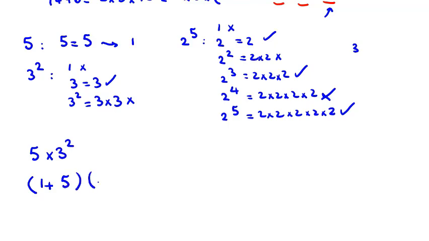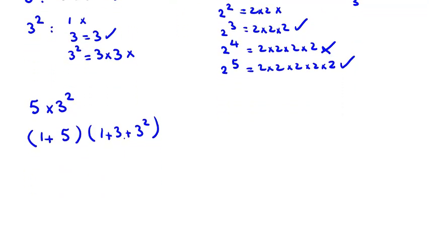You say 1 plus 5, times 1 plus 3 plus 3 squared, because you can create all divisors. 1 times 1, 1, a divisor of this number, 1 times 3, 3, 1 times 3 squared, 5 times 1, 5, 5 times 3, and so on. So if we consider 1 times 1, it is bad. 1 times 3 is good, because 1 times 3 is 3, a single prime. 1 times 3 squared is not good, because 3 squared is bad.